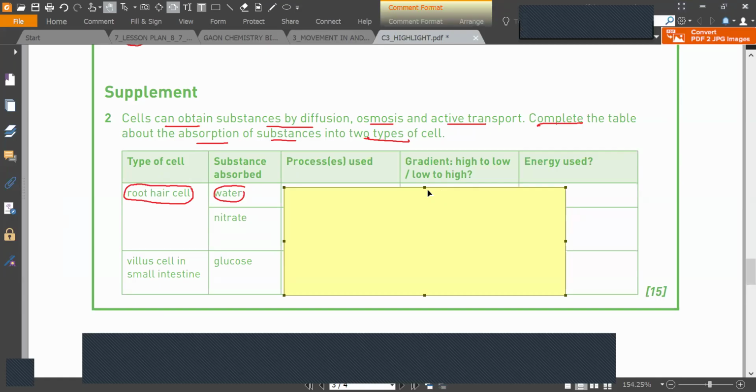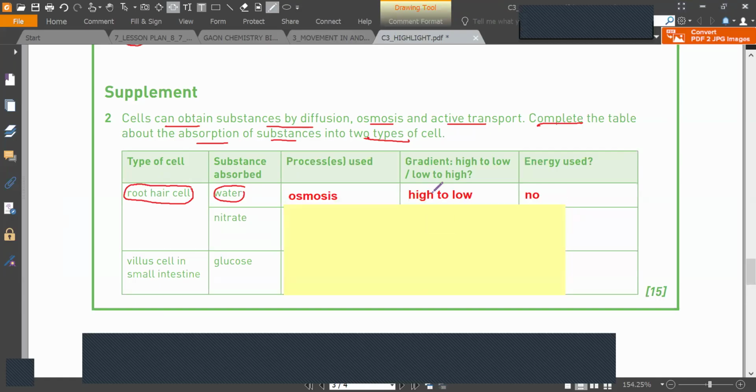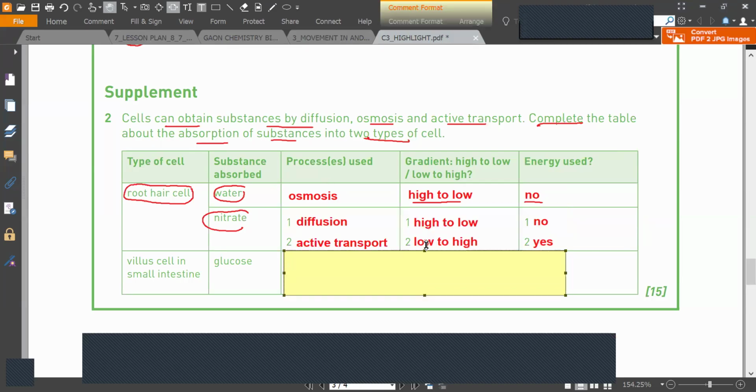It will get it by osmosis, going from high water potential to low water potential. Energy is not needed. How about nitrate? When plants want to get nitrate, what are the ways? It can get it by diffusion or active transport.